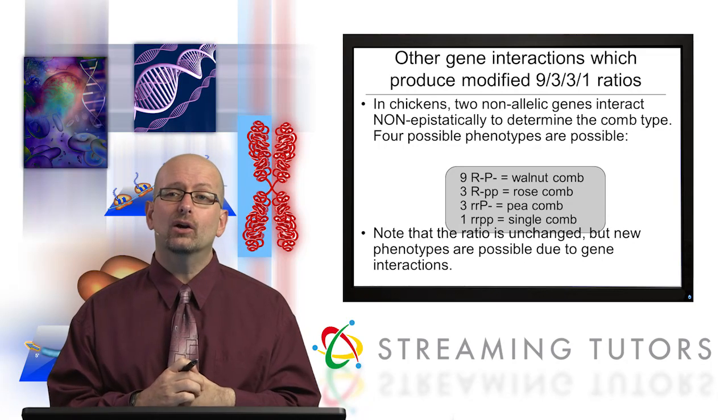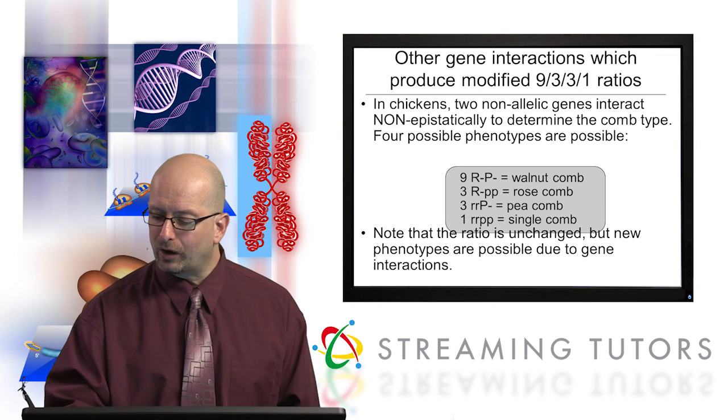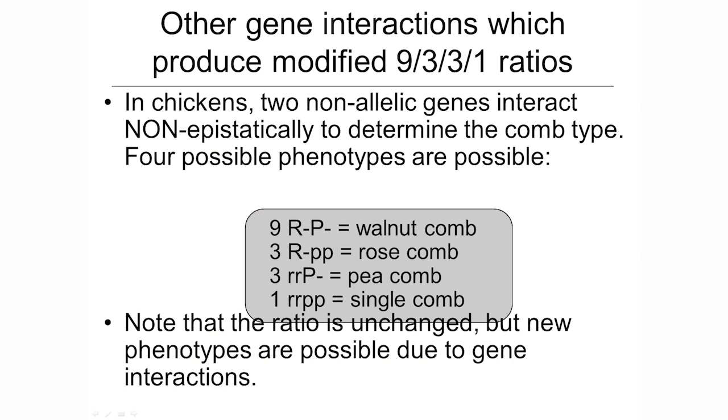Well, here we have a situation where other types of gene interactions still produce 9 to 3 to 3 to 1 ratios because the cross is always in the same form. But depending on what these alleles do and their relationship with one another, we're going to see different results. In this case, we're not going to see strange ratios. We're going to see our 9 to 3 to 3 to 1 ratio.